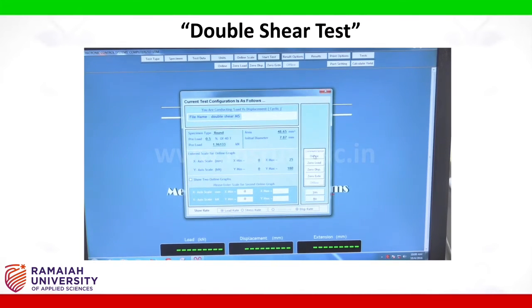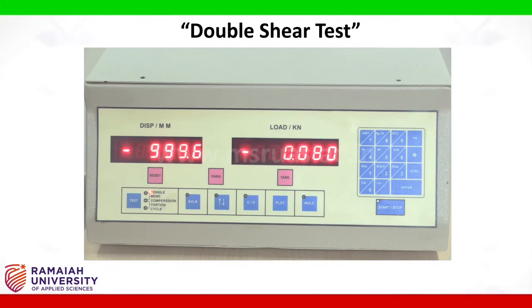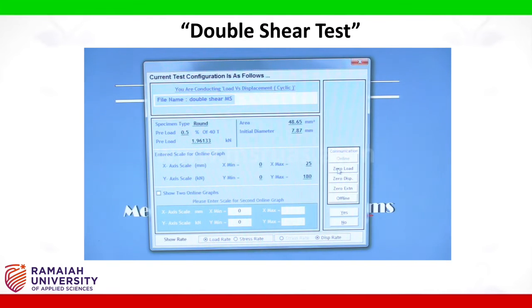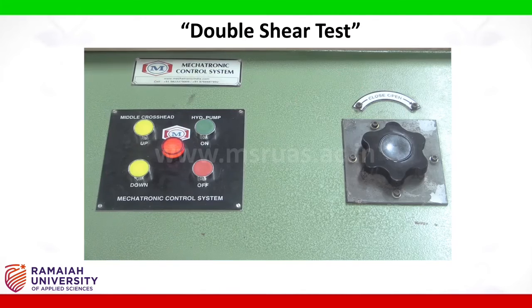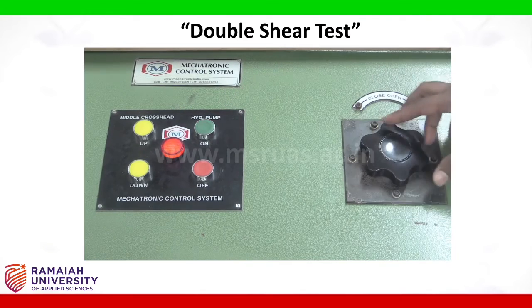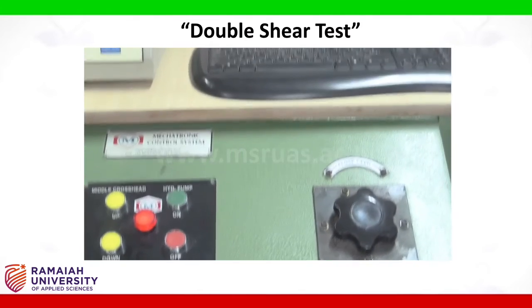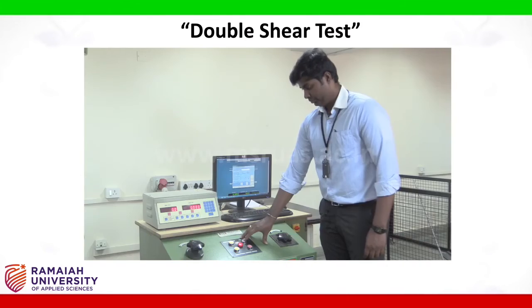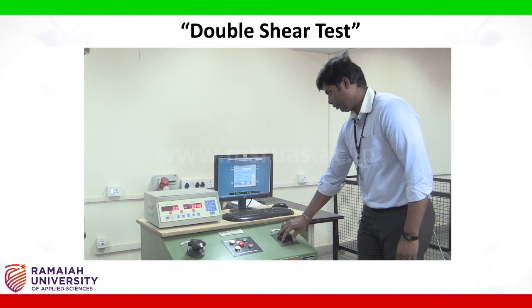First, we have to make it online. If we make it online, whatever reading we are getting in the display unit will come in the software. Then, to begin the test, we need to make 0 load and 0 displacement. To start the test, switch on the hydraulic pump and open the control valve slowly. Then click on Yes. Switch on the pump, open the control valve.